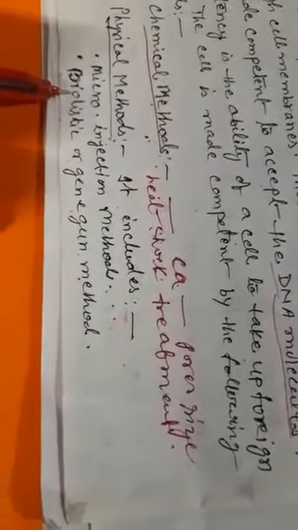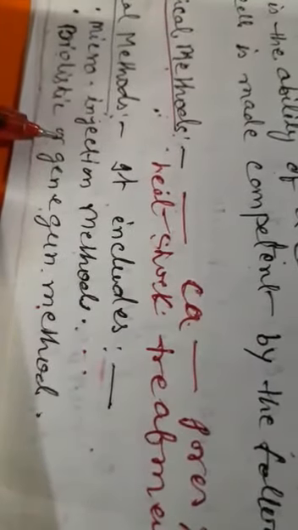In biolistic or gene gun methods, cells are bombarded with high velocity microparticles of gold or tungsten coated with DNA in plants.